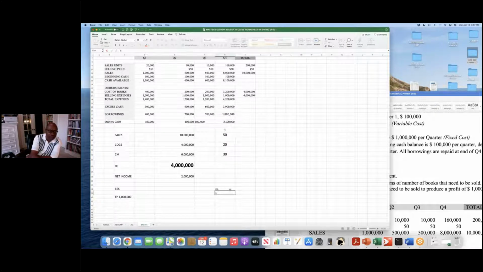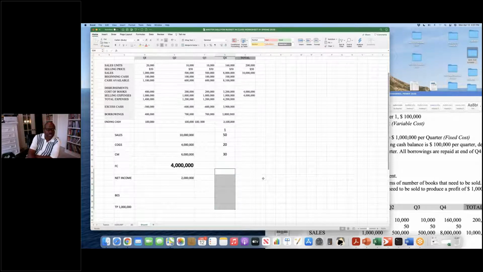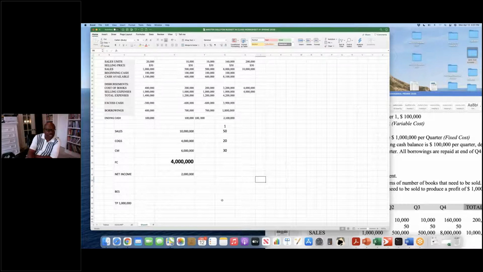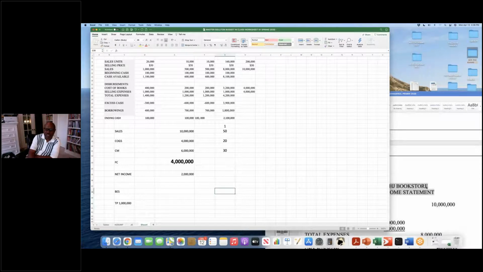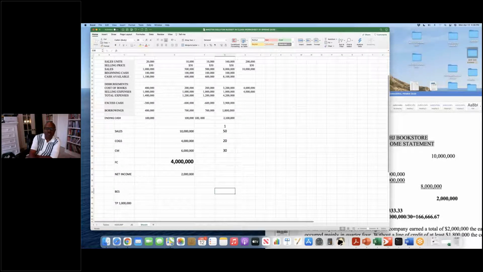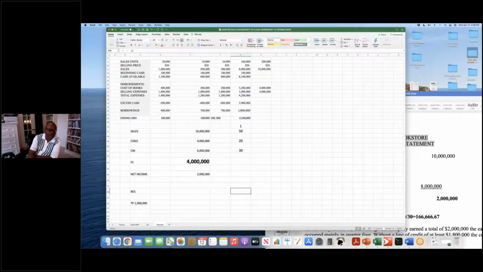Let me make these bigger. So you said if you put it in the formula, you get what? 133,333.33.